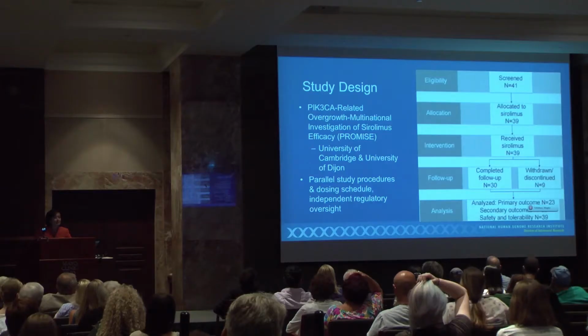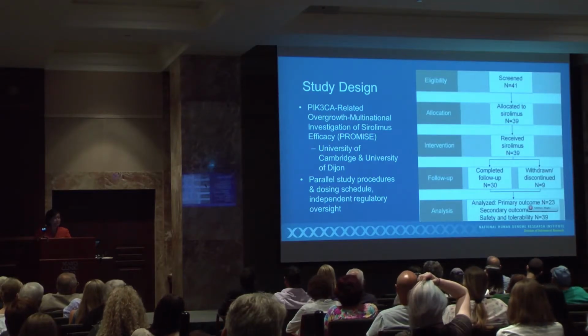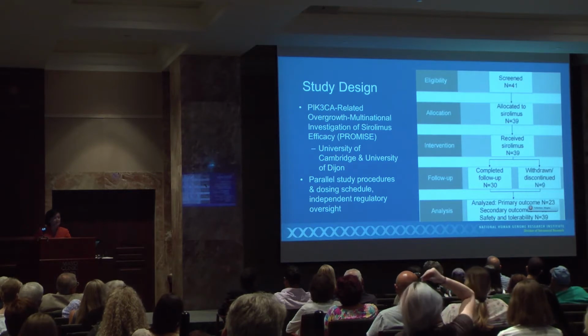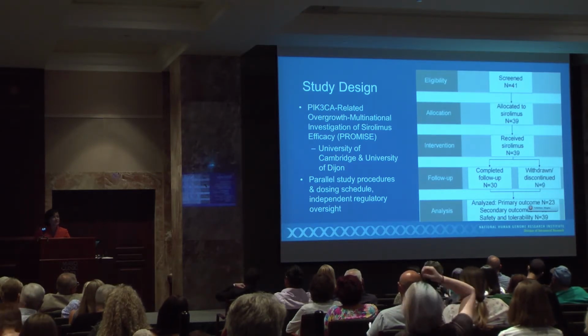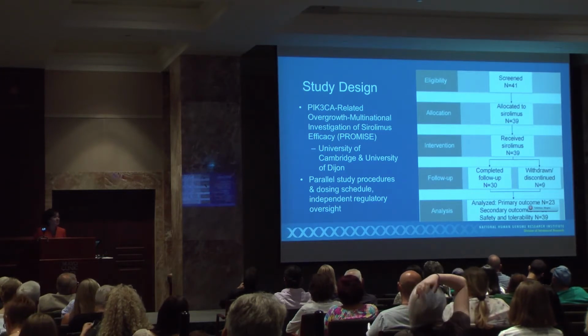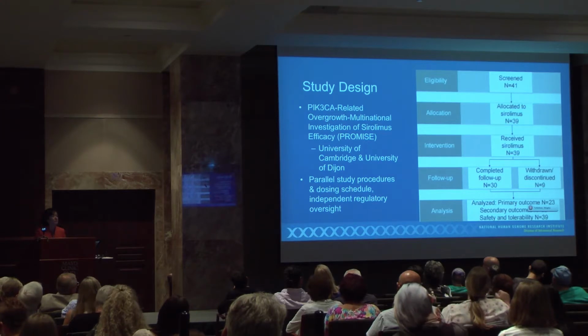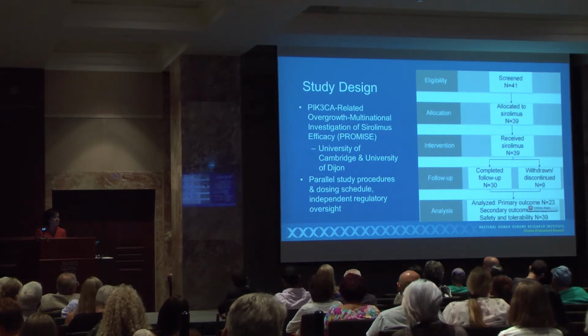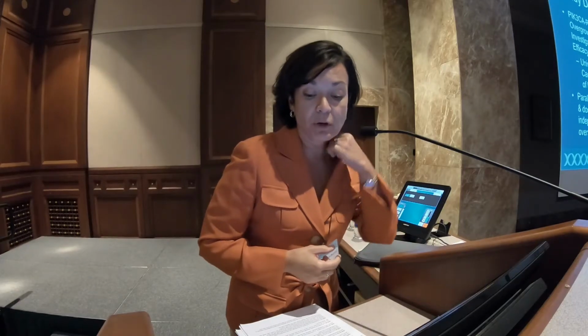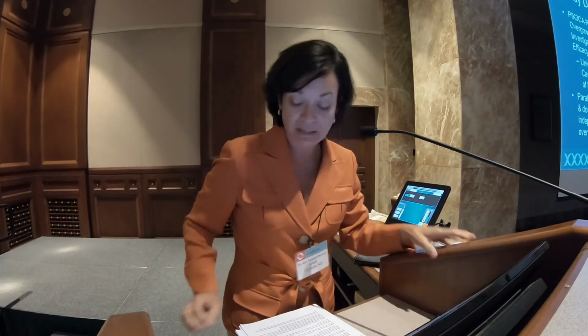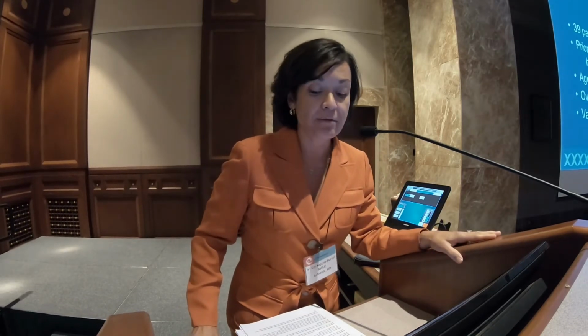And we had 39 patients that we enrolled and treated. 9 ended up being withdrawn or discontinued, and I'll describe why. When we use these outcome measures, only 23 we were able to use our outcome measures to judge whether the drug was working, but we did the safety and tolerability data in everyone.